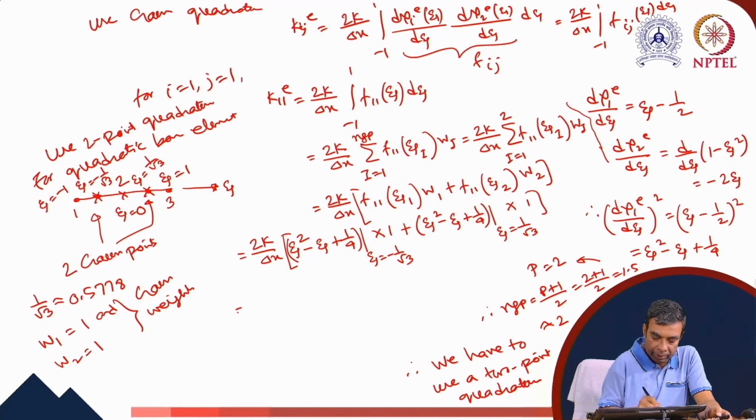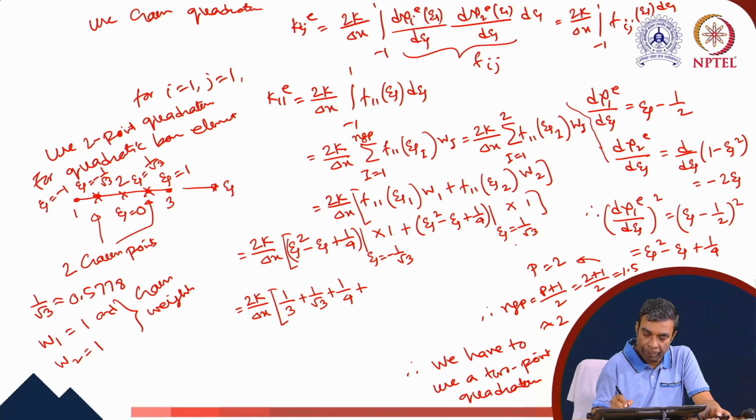So this gives us 2k by delta x into (minus 1 by root 3) whole square, which is 1 by 3, then minus xi gives plus 1 by root 3, plus 1 by 4, plus (1 by root 3) whole square is 1 by 3, minus xi is minus 1 by root 3, plus 1/4.